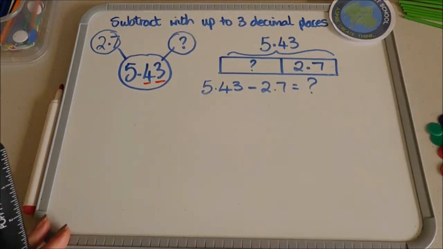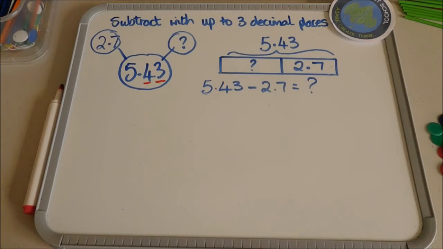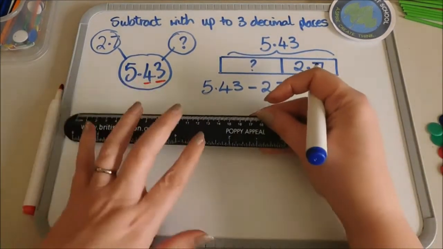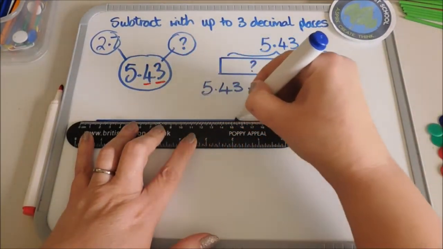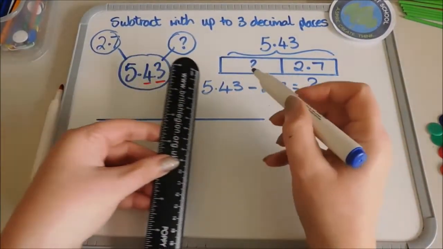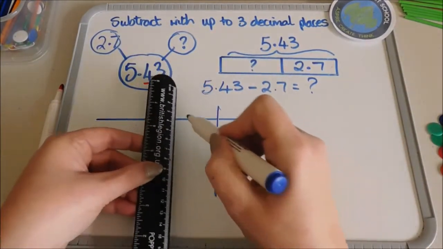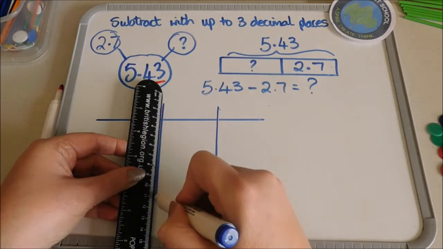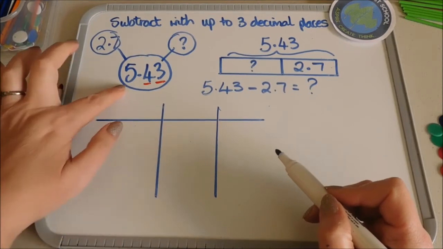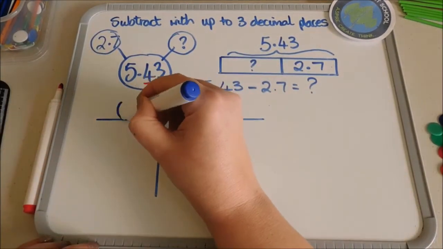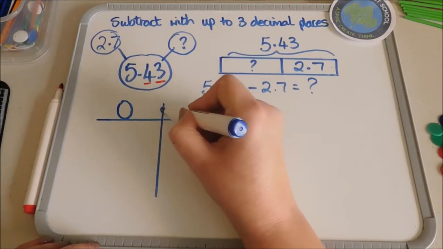So place value counters or plain counters on a place value grid again are the most effective manipulative when subtracting decimals with 1, 2 or then even 3 decimal places. So if we put in our place value grid, and I have 3 columns and I have 5.43, so actually my ones column is here, and then I have my decimal point.